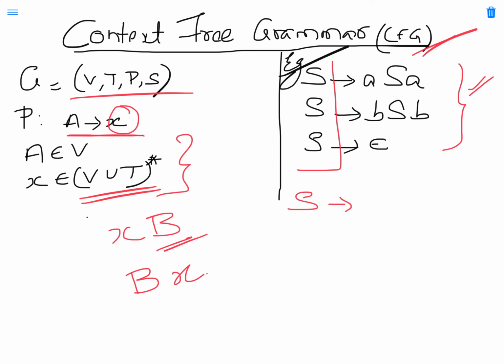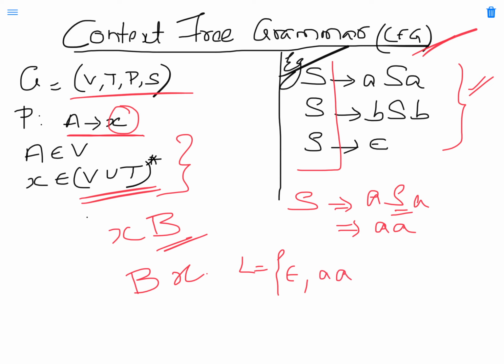S has a set of productions, and from those you can choose any one. With epsilon, the empty string will be accepted by the language. Another string: if you take ASA as the first production and substitute epsilon in place of S, it results in AA.